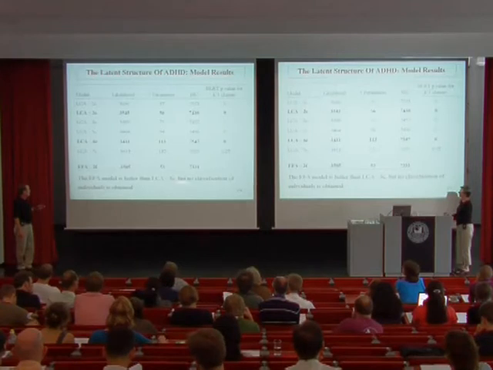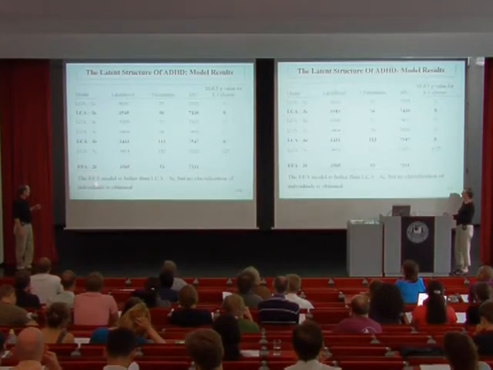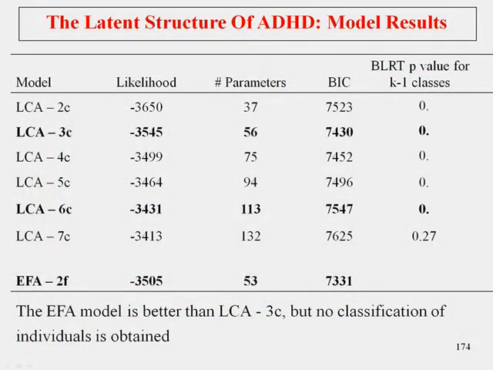Right. So this argument here, that the exploratory factor analysis model gives no classification, is directed towards the psychiatric tradition where they like to diagnose or classify people. And this approach of analysis doesn't give you that end result. Now, one can argue you don't need to classify people.